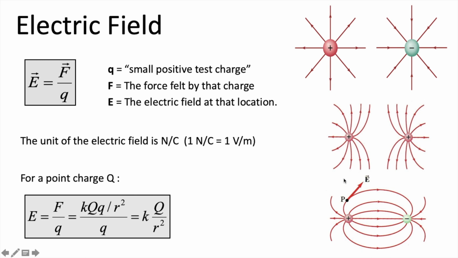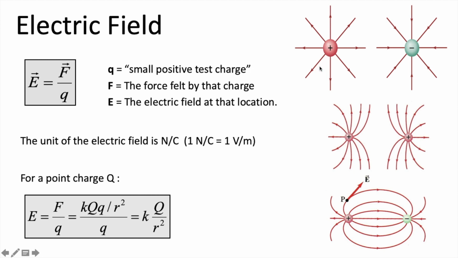Okay, one more thing here. I'm sure you've learned this in the theory class. The density of the lines here represents the magnitude of the field.